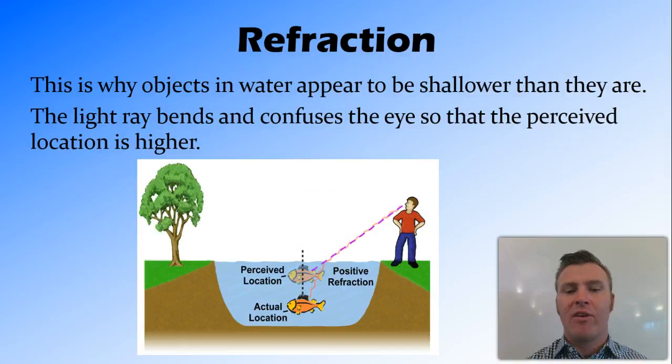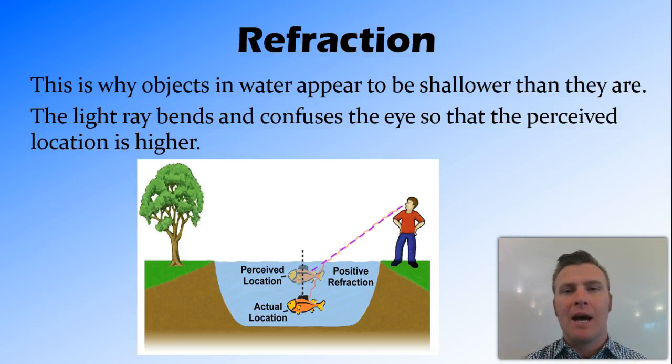This bending or refraction is why, when we're looking into water, objects appear to be shallower than they actually are. And this is because the ray that's coming from the sun or wherever the light source is and bouncing off the fish into our eyes gets bent as it moves from the water to the air.